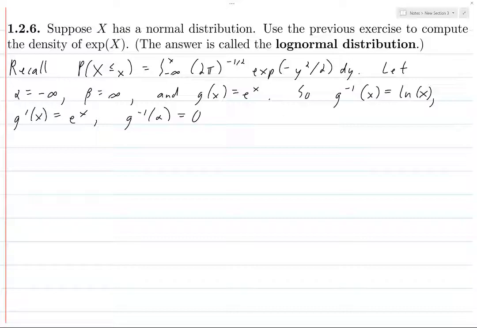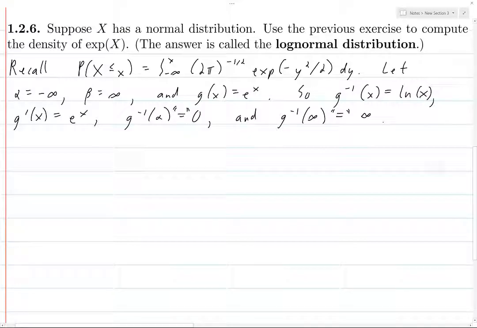And so in that sense, this is true. And g inverse of infinity, I'll put this equals in quotes, because it's not technically true, but it's enough for what we need to do to answer this question. So g inverse of infinity is just going to be infinity.